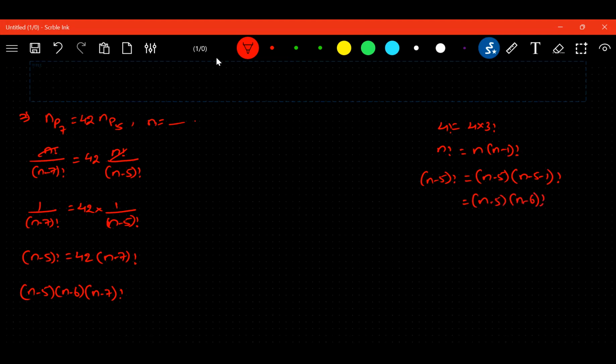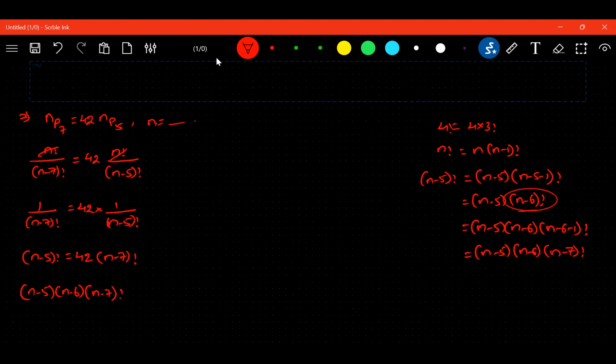But here the cancellation will not happen if I do the process only up to n minus 6 factorial. So what I have to do? Again, this n minus 6 factorial can be written as n minus 6 into n minus 6 minus 1 factorial. So what will we get? n minus 5 into n minus 6 into n minus 7 factorial.